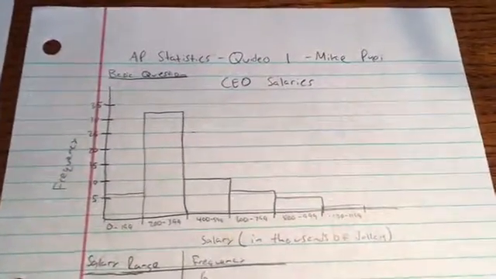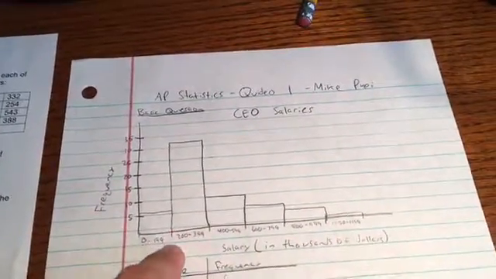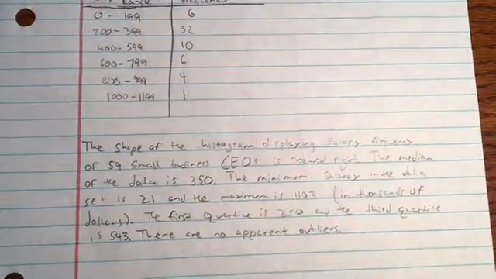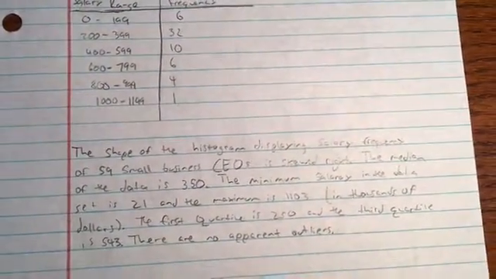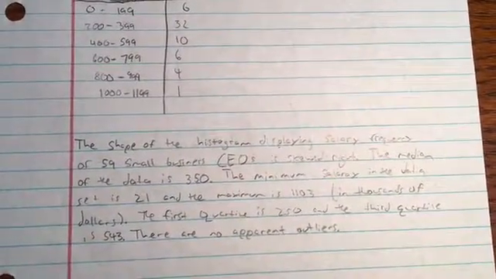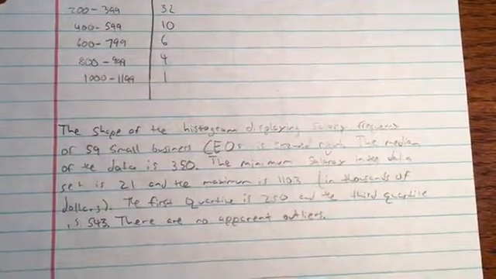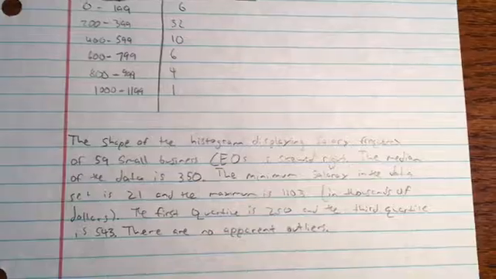We can tell that it's skewed right because you can see it levels off down on the right side, and we have a large quantity of data over there on the left. Note that I also included what it was we were talking about, the salaries of CEOs. That's important to include so the person reading knows exactly what it is that you're saying.